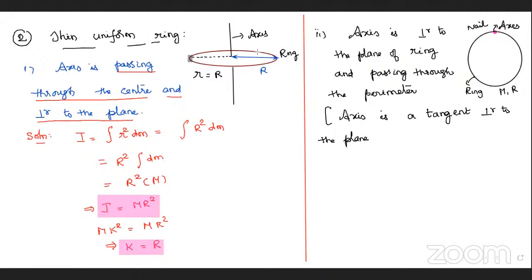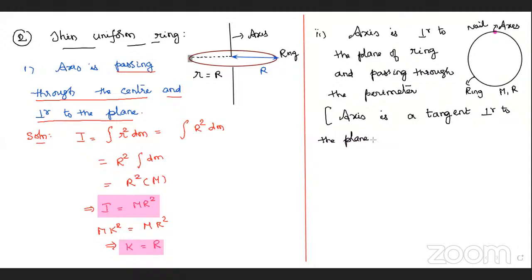Yes, correct. It is m r square only? But I took the radius as capital R now. That's why I'm taking it as m capital R square, not m small r square. Why? Because small r I know as capital R. Okay, good.